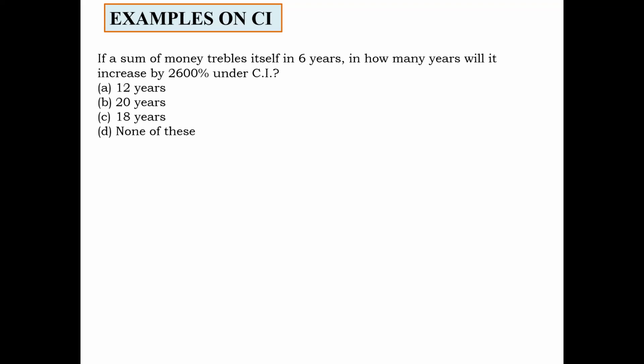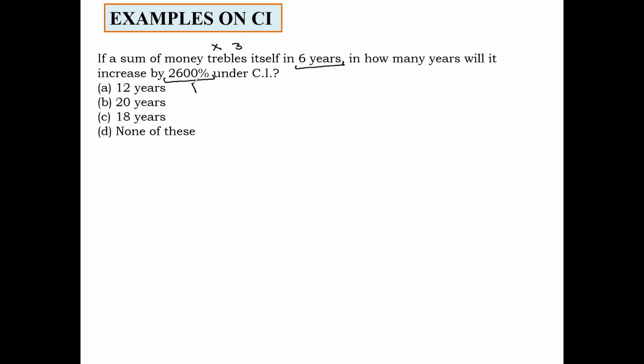Treble is becoming 3 times. So the question here says, if a sum of money becomes 3 times itself in 6 years, in how many years will it increase 2600%?